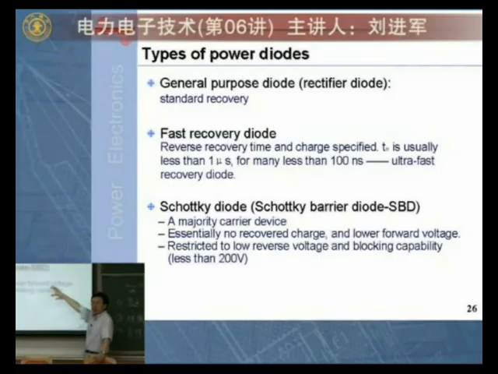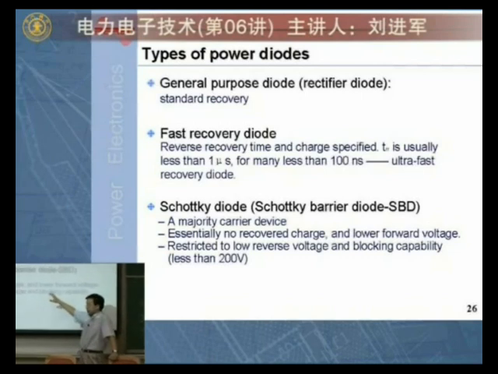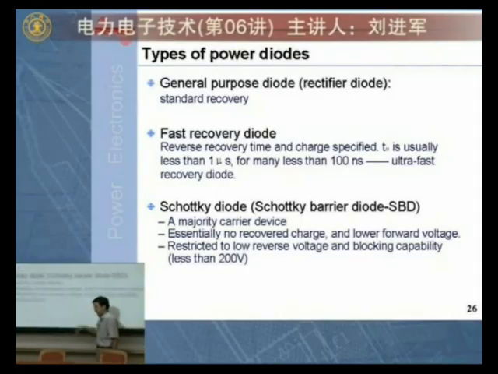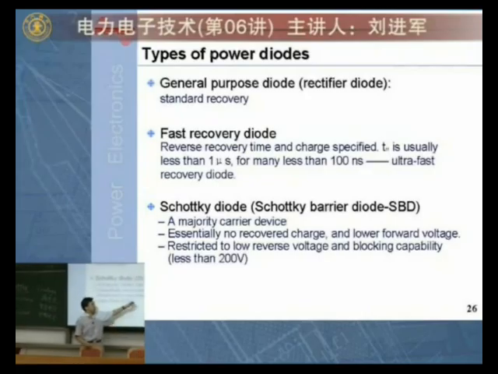This is no longer based on a p-n junction. Okay? The structure and operation principle are totally different from a p-n junction diode. And therefore, we will not get into details of the physics of operation of this type of diode.